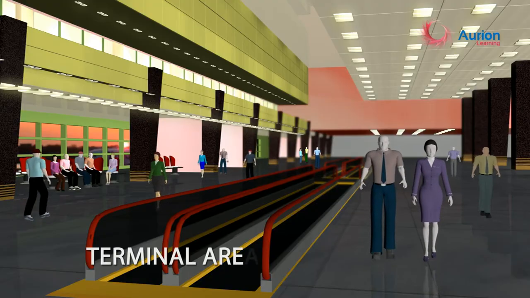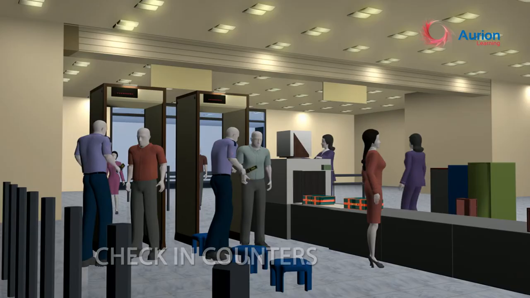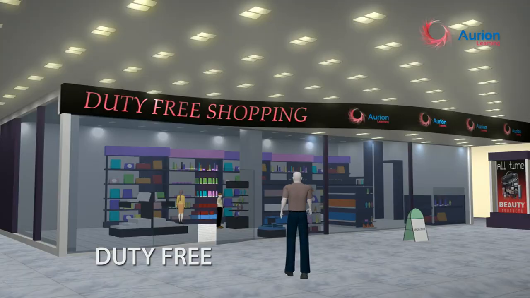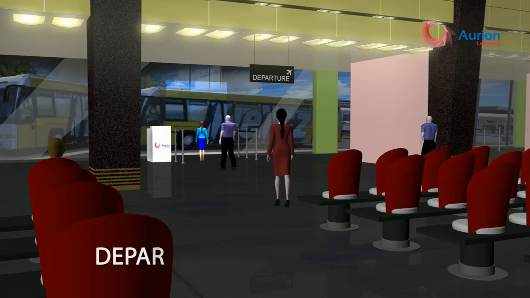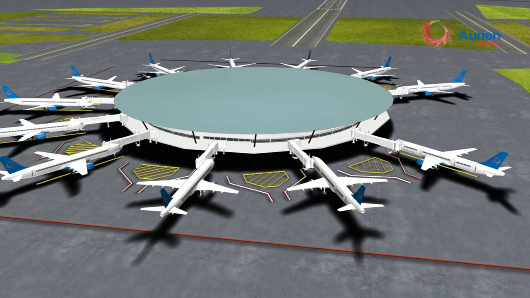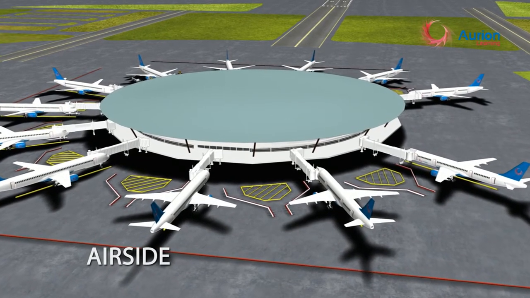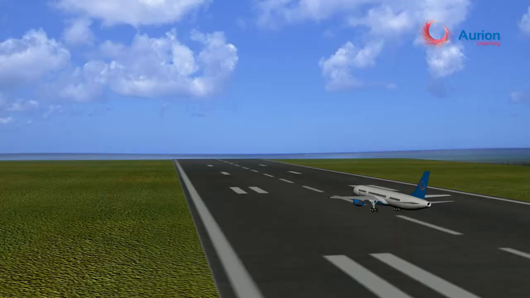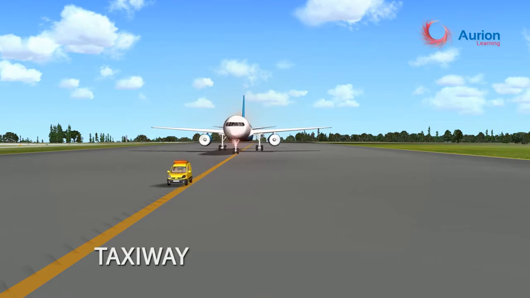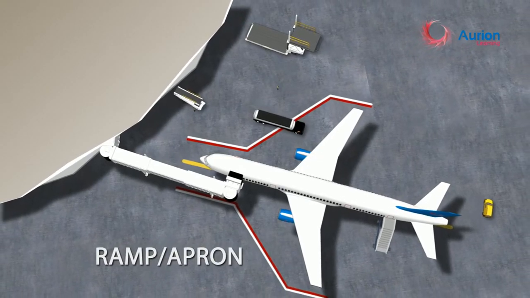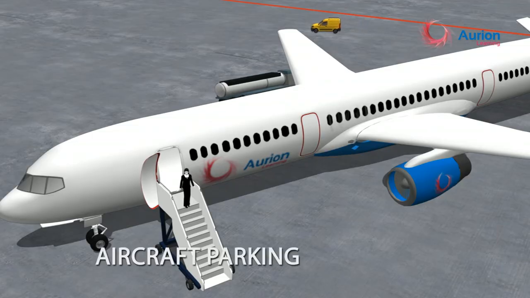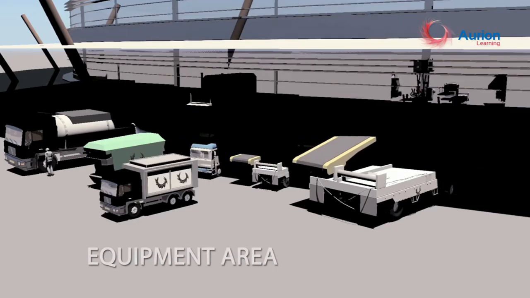Terminal areas include check-in counters, security hold, duty-free shopping and departure gates. Airside includes all areas accessible to the aircraft, for example, runways, taxiways, ramps, apron, aircraft parking bay, equipment areas.